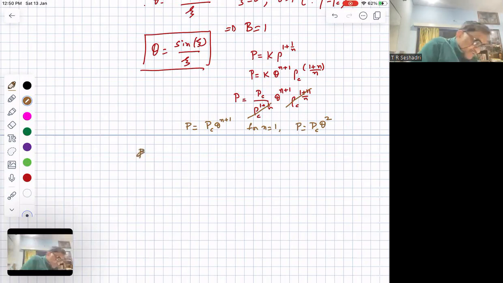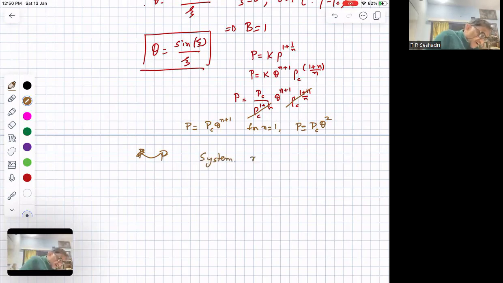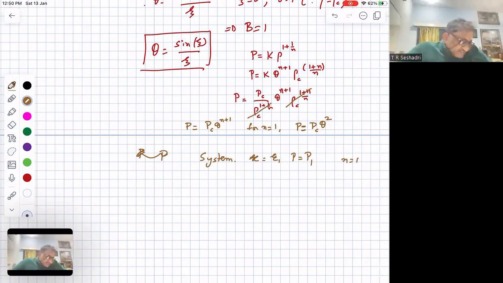It means if I have a system for which at R equal to R1, P equal to P1 at some radial distance, and both belong to N equal to 1, and I have another system, and I want to find out the value of pressure at R equal to R2 for the second system, system 1, system 2.